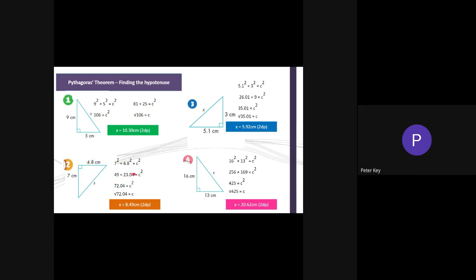That will give us c squared, which is 72.04. We then square root that, and then x, or the hypotenuse, would equal 8.49 centimeters to 2 decimal places. If you've done it to 1 decimal place, that will be 8.5.